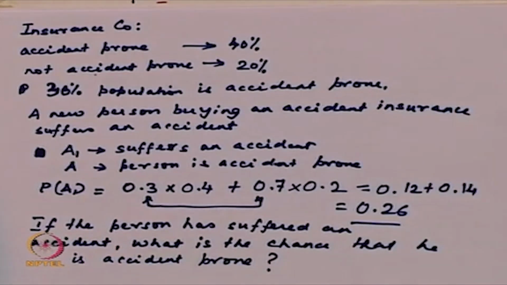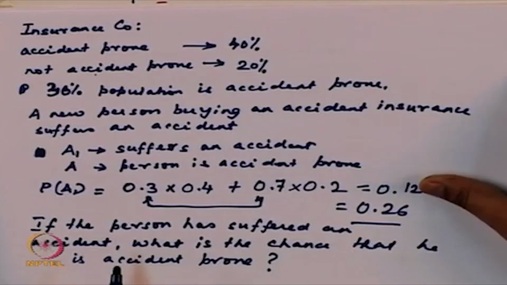So, I want to have the reverse question: if I know that the person has suffered an accident, what is the chance that the person is actually accident prone?